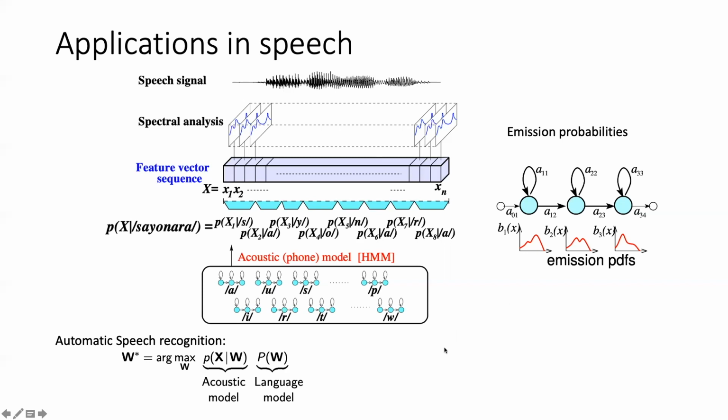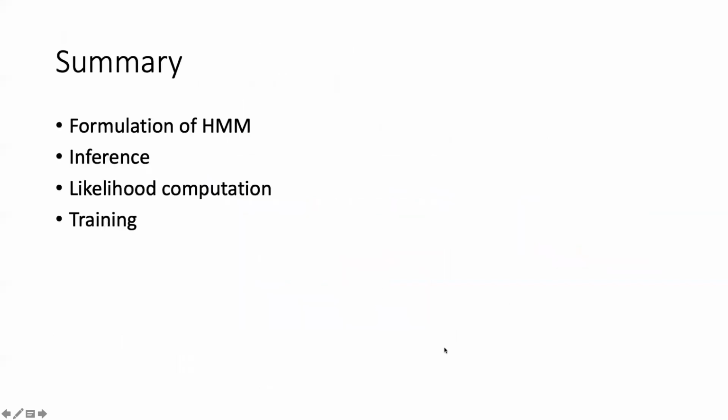That's about speech applications. Let's recap what we discussed so far. First, we considered a simple example of the POS problem, and we formulated it as a sequence learning problem and modeled it using HMM. Then we discussed the problems involved in HMM, the inference problem. In the inference problem, we defined delta parameters, and using dynamic programming, also known as the Viterbi algorithm, we performed inference efficiently.